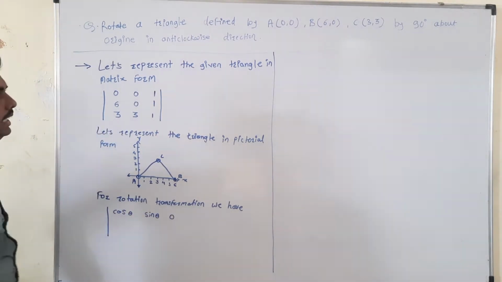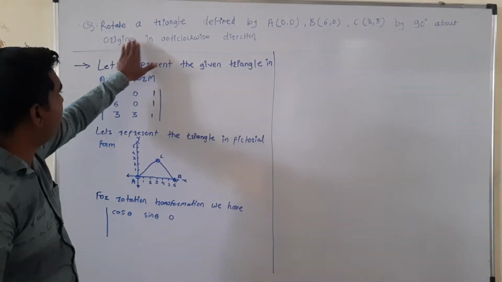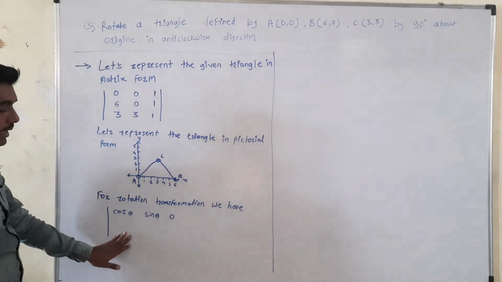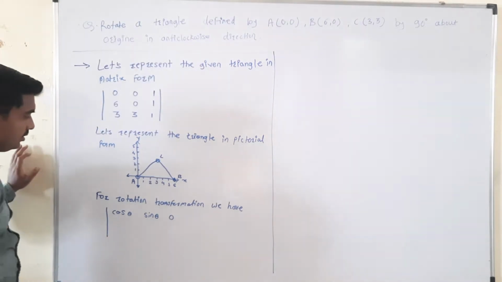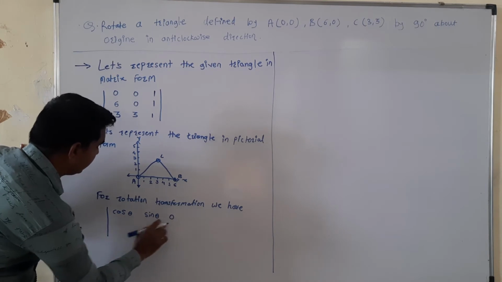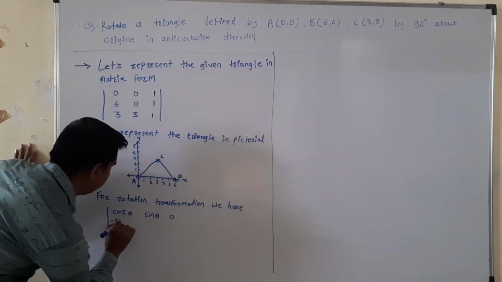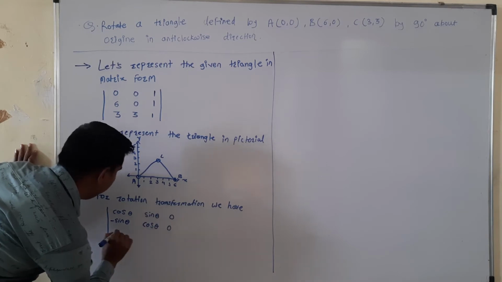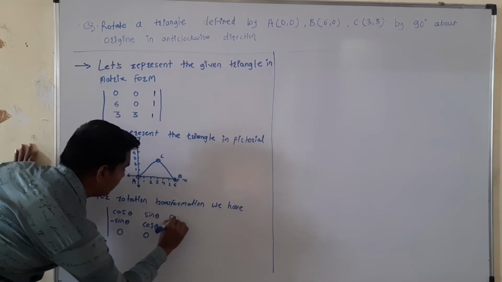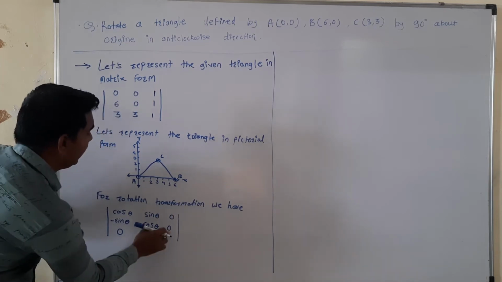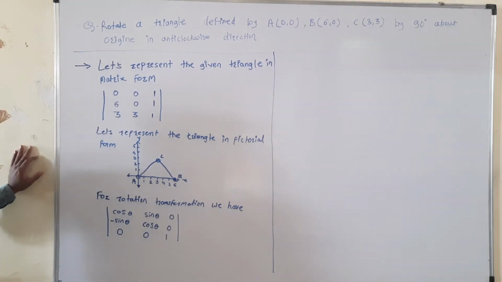We have to rotate this given object in the anti-clockwise direction. So I am writing here the rotation matrix for anti-clockwise rotation. Cos theta, sin theta, 0, minus sin theta, cos theta, 0, and 0, 0, 1. This is the rotation matrix for anti-clockwise rotation.